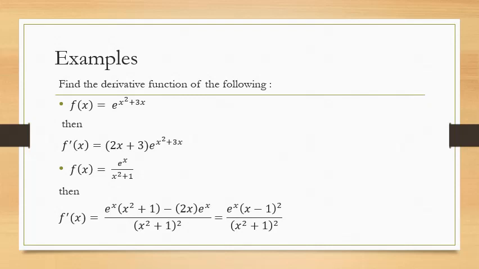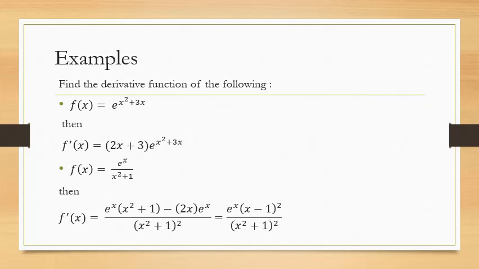The second one, f of x equals e to the power x over x squared plus 1. This is a rational function where the numerator is e power x and the denominator is x squared plus 1. So we have to use u prime v minus v prime u over v squared.